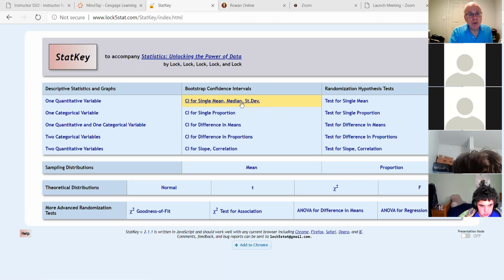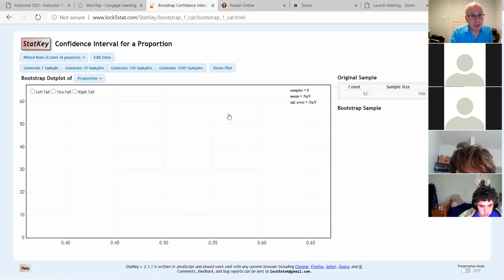In this chapter, we're dealing with confidence intervals for single proportions. So let's see how this works in StatKey. In this particular section, we're going to create our own survey.